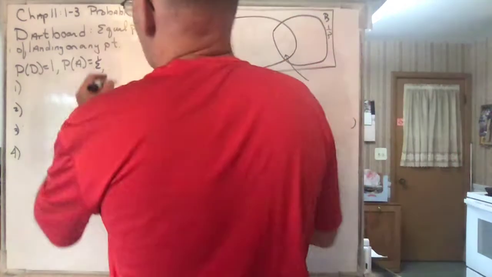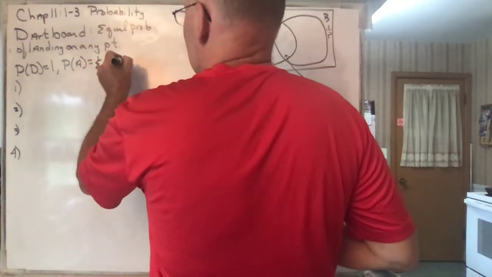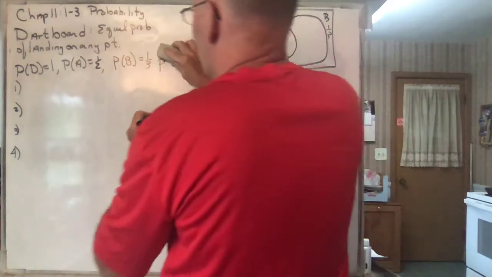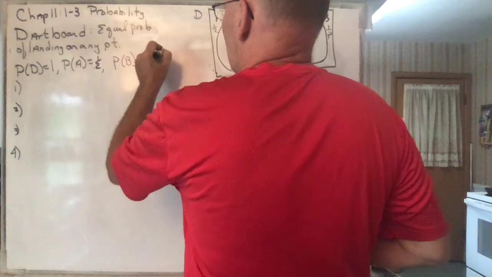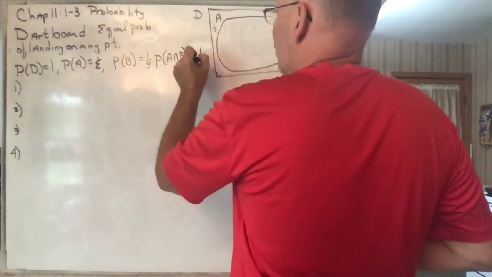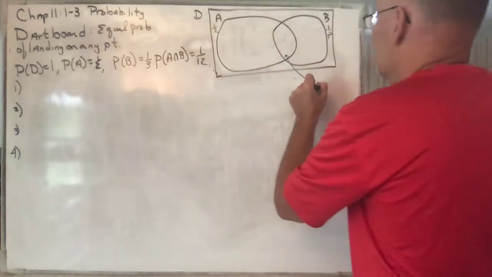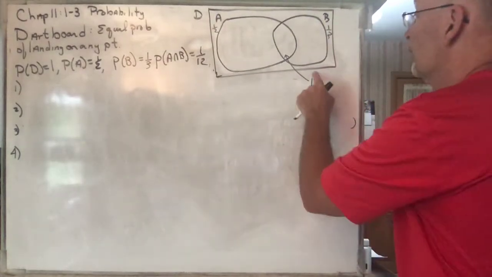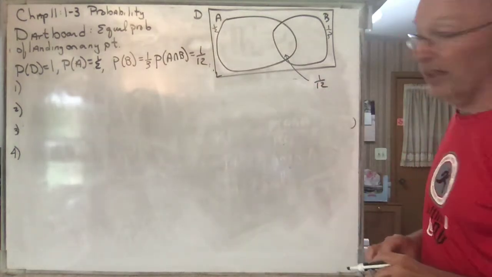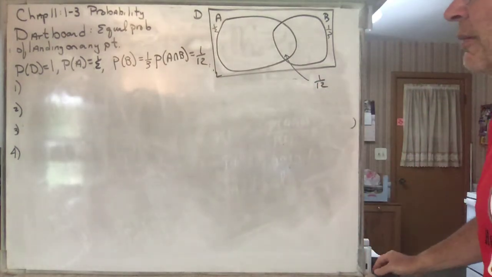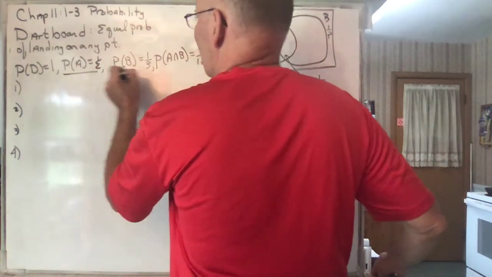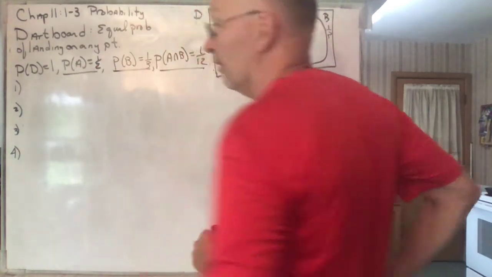And the probability of B is 1/3, and we'll also say that the probability of A and B is equal to 1/12. Okay, so that's going to be 1/12 right there. That intersection is 1/12. Are you with me?